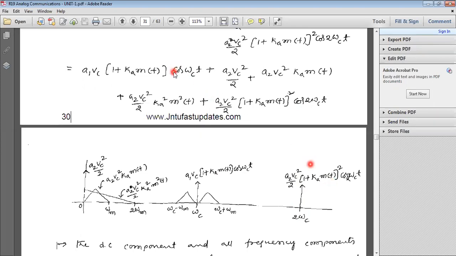So up to this term is completed. Now remaining we have three terms: one term is A2 Vc square by 2, another term is A2 Vc square Ka m of t, and the third term is A2 Vc square by 2 Ka square m square of t.